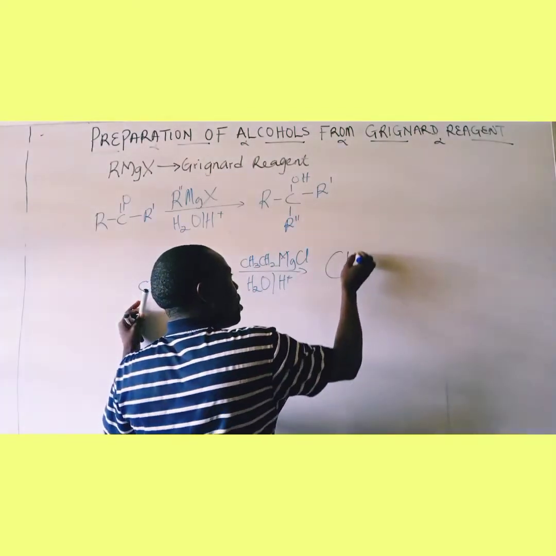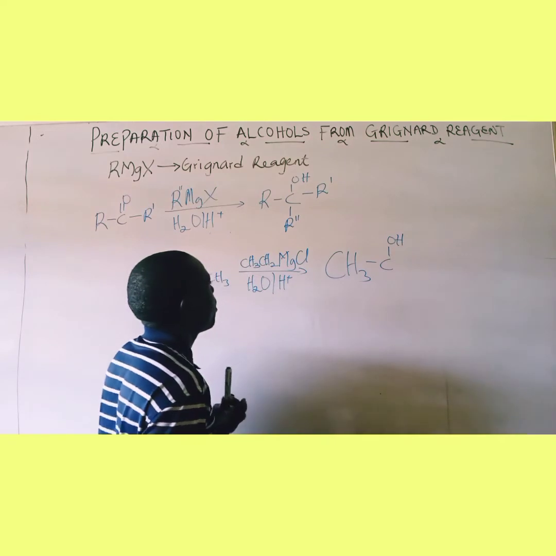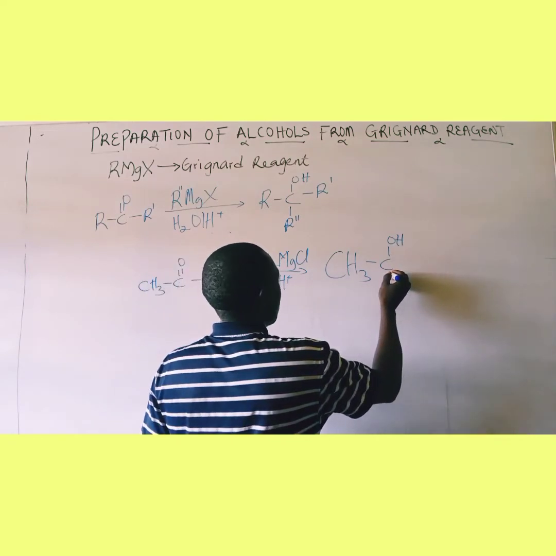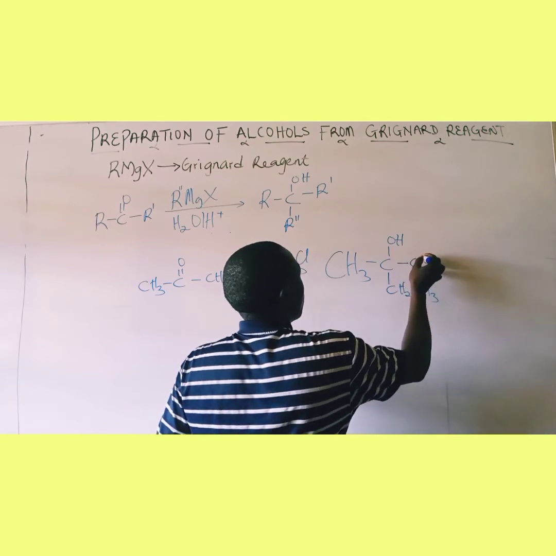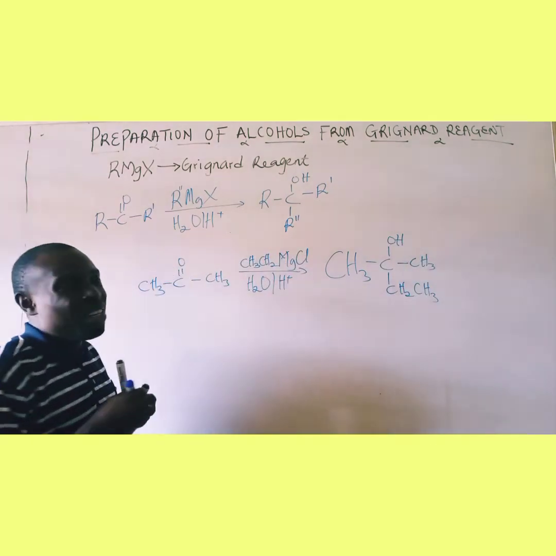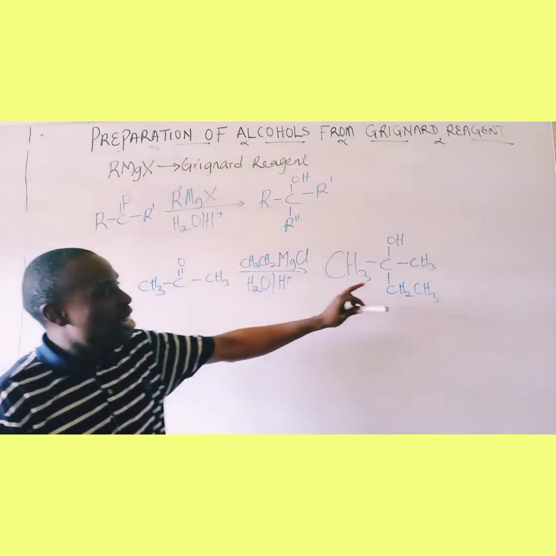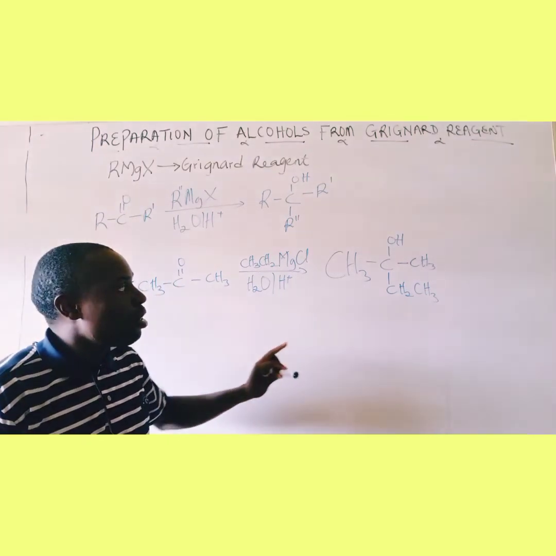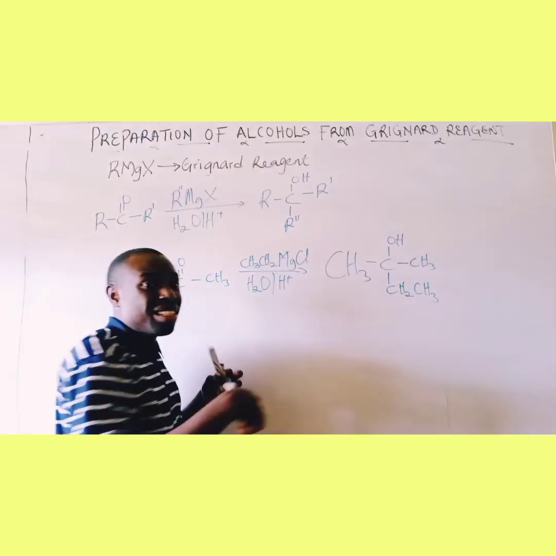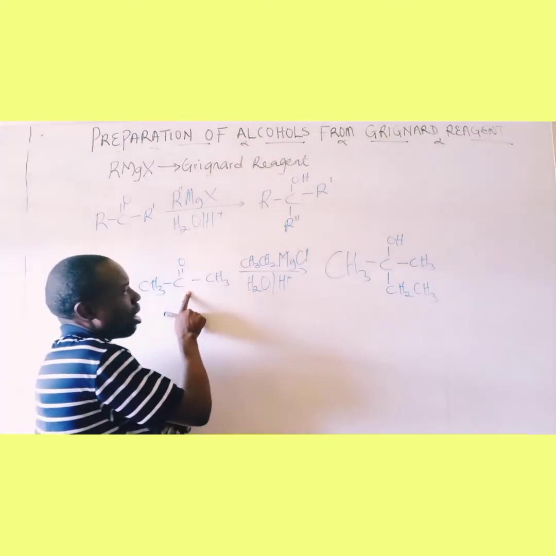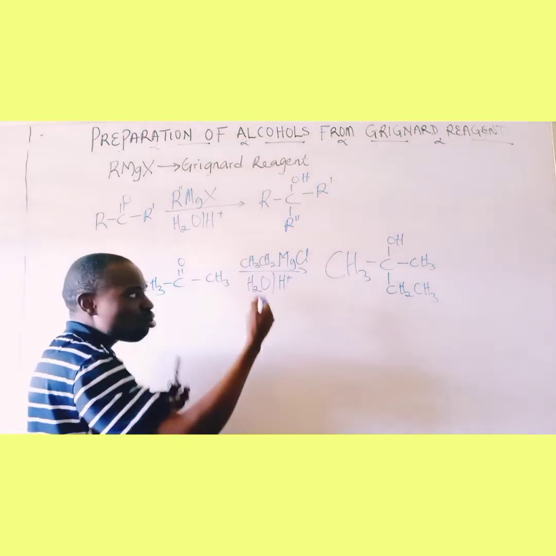Here becomes CH3 and OH, and here becomes CH2CH3, and here becomes CH3. So from the ketone, or acetone, to give a tertiary alcohol, I will have to use this Grignard reagent. There are times when you can be given this and this, and here will be X. You find your answer. You should be able to do it.